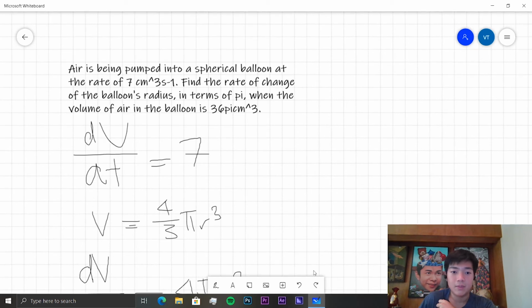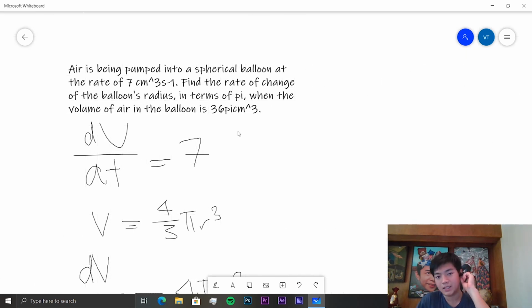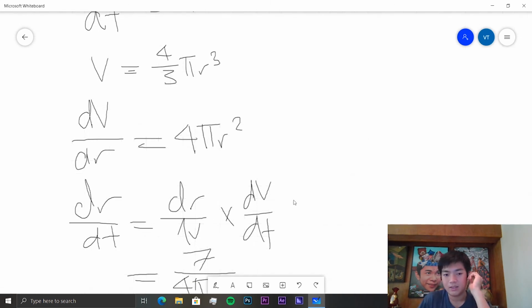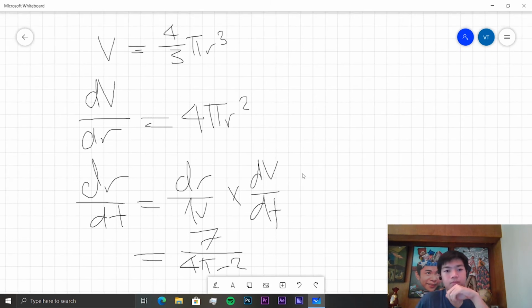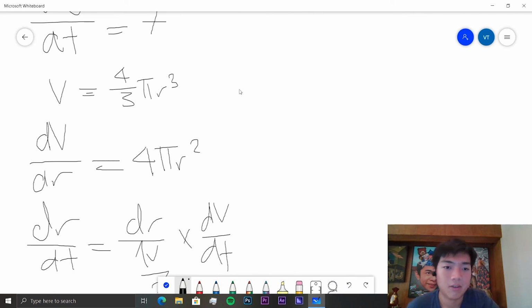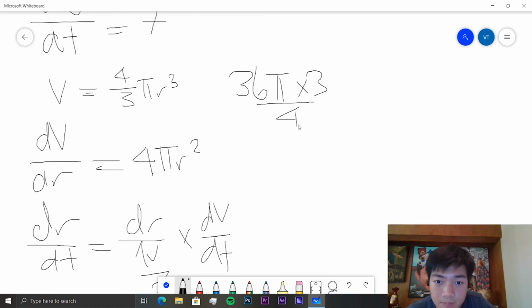We need to get it when the volume of air in the balloon is 36 pi centimeters cubed. So the volume will be 36 pi when the radius is, divide that, 36 over 4/3 is 27, and the cube root of 27 is 3.